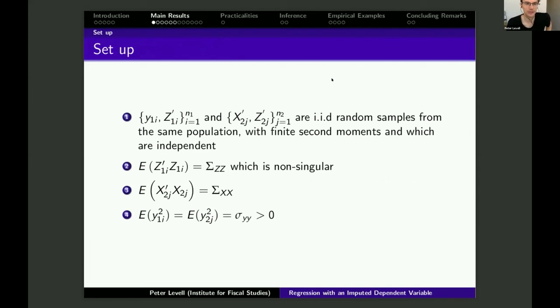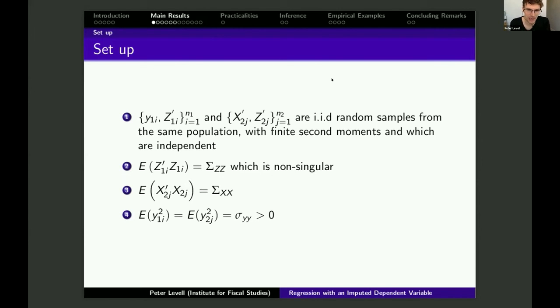Okay, so these are some technical details about our setup. We've got two samples, which we're going to call sample 1 and sample 2. Sample 1 we're going to denote with a subscript I, and sample 2 with a subscript J. All the observations are IID, drawn from the same population. The samples are independent of one another, and they have finite second moments.